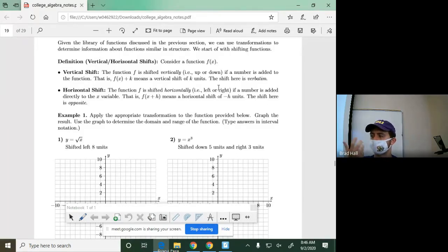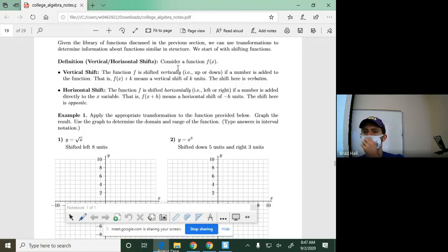You have spatial awareness, so you know left and right, up and down, but how does that apply algebraically? The vertical shift, which is up and down, is when you add a number to the outside of a function. We'll talk about what that means, outside and then ultimately inside.